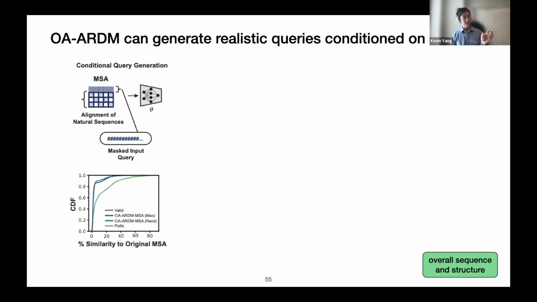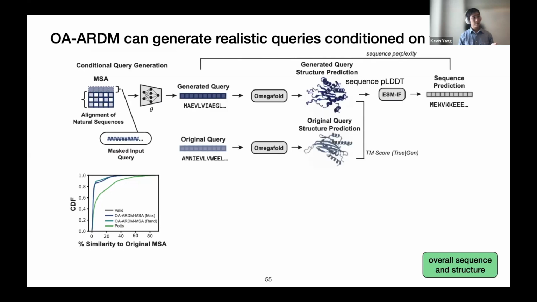Because this is expensive to run, we only look at the OA-ARDM, and then a Potts model, which is explicitly trained on that MSA and generates new sequences. For similarity, lower is more diverse, and the Potts model is significantly less diverse than the diffusion models.